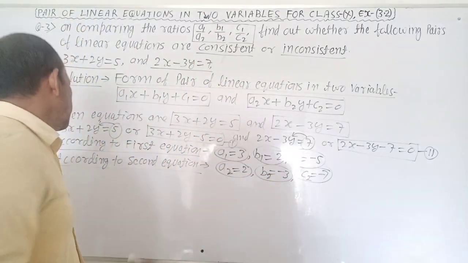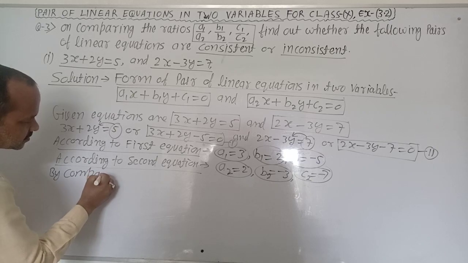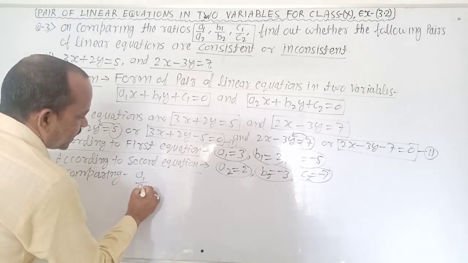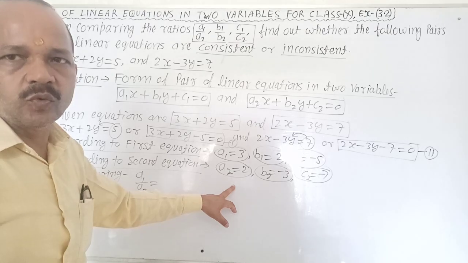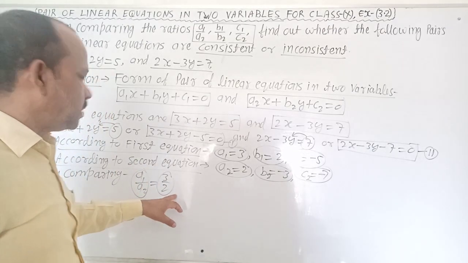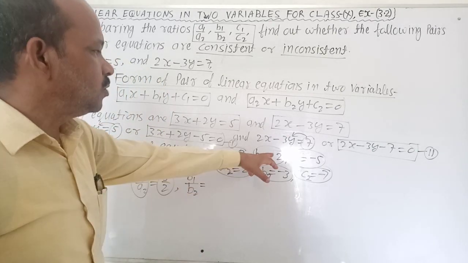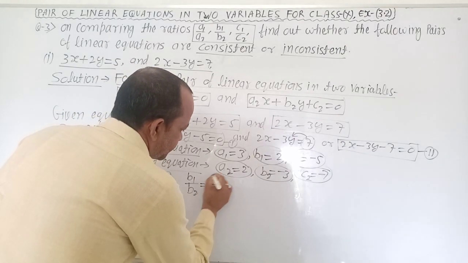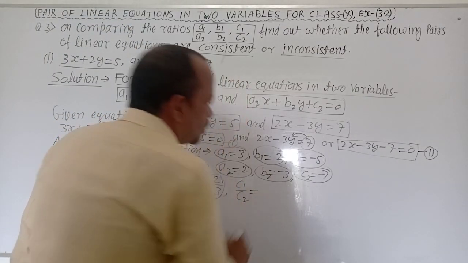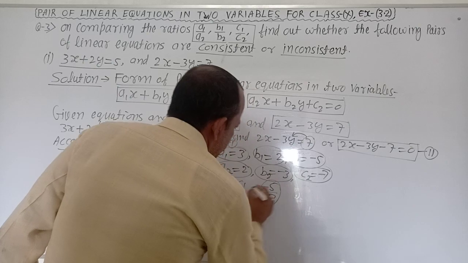It is clear? By comparing, a1 by a2 equal to 3/2, b1/b2 equal to 2/-3, c1/c2 equal to -5/-7.